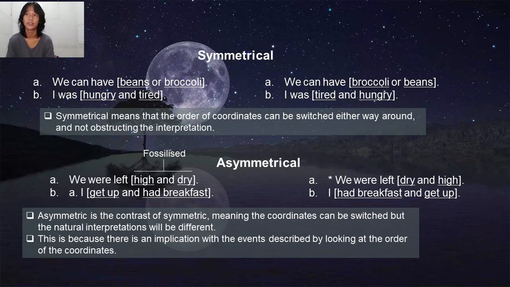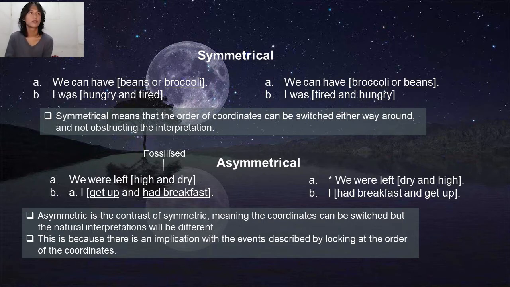But if you are seeing the other structure, I had breakfast and got up. So, when in bed, I have breakfast first. And then after finishing it, I get up. That is why it is called asymmetrical, because when you change the order of the coordinates, it also changes the meaning.